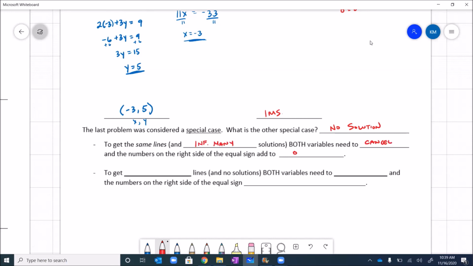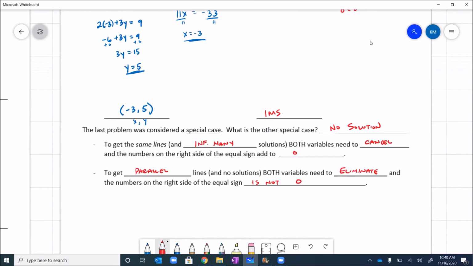To get parallel lines and no solutions, both variables need to eliminate, or cancel out, and the numbers on the right side of the equal sign is not 0.